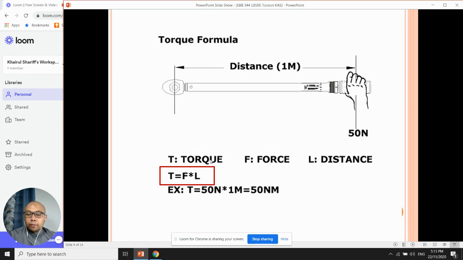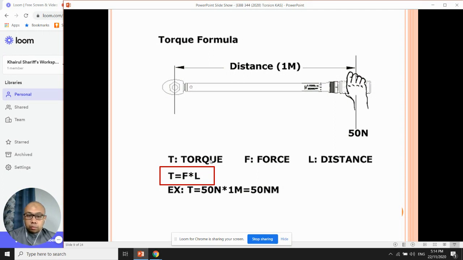Normally for the torsion topic, the question is rarely asked as theory. Normally, questions related to torsion are designed as calculation-based questions, meaning that when calculation questions come up in the test or the final exam, they are most related to the torsion topic.